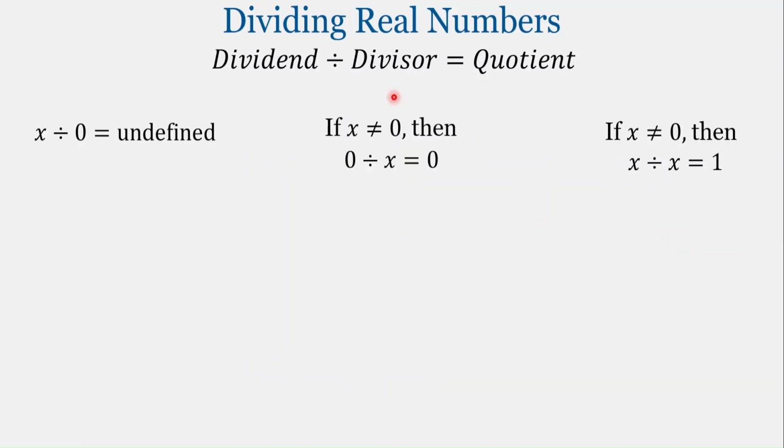Now we have looked at 3 different situations. We looked at when the denominator is 0, and x divided by 0 is undefined. We looked at when the numerator is 0, so 0 divided by x, and that's 0. And then we looked at when the numerator and the denominator were the same number, or self-division, and that is 1. Notice in these last 2 cases, we led off with if x was not equal to 0.